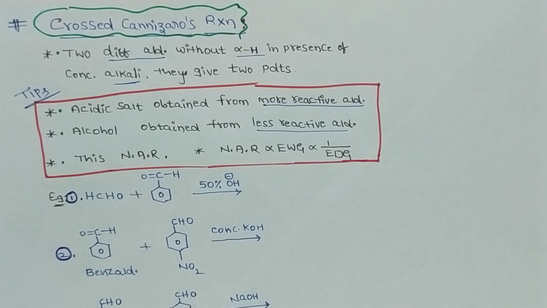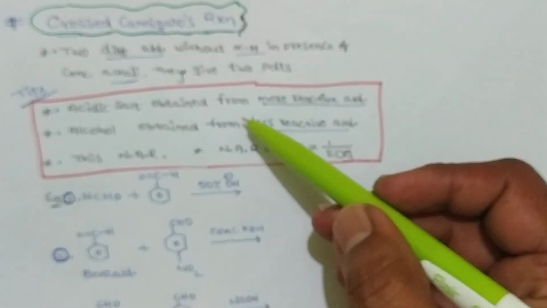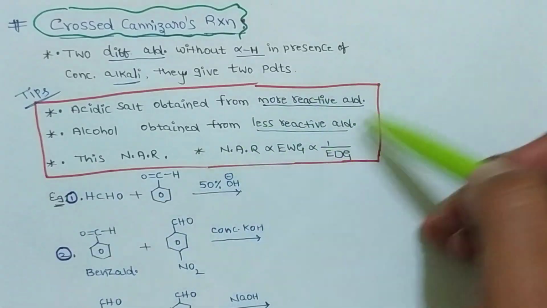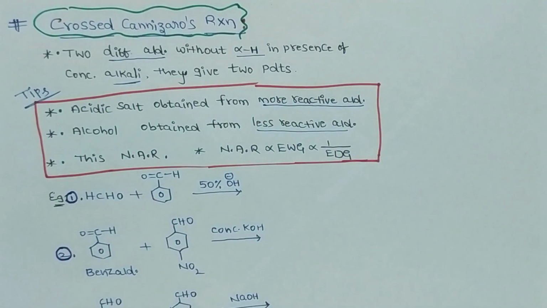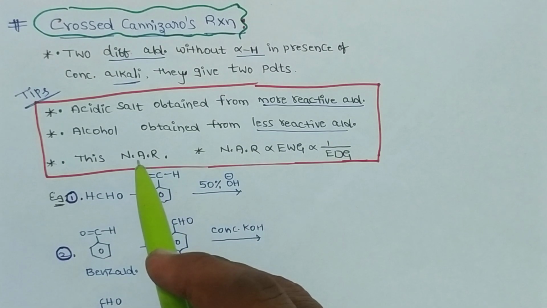We already discussed the mechanism in the previous video. In the first step, a nucleophile, OH minus, attacks the electrophilic center. So it is a nucleophilic addition reaction.